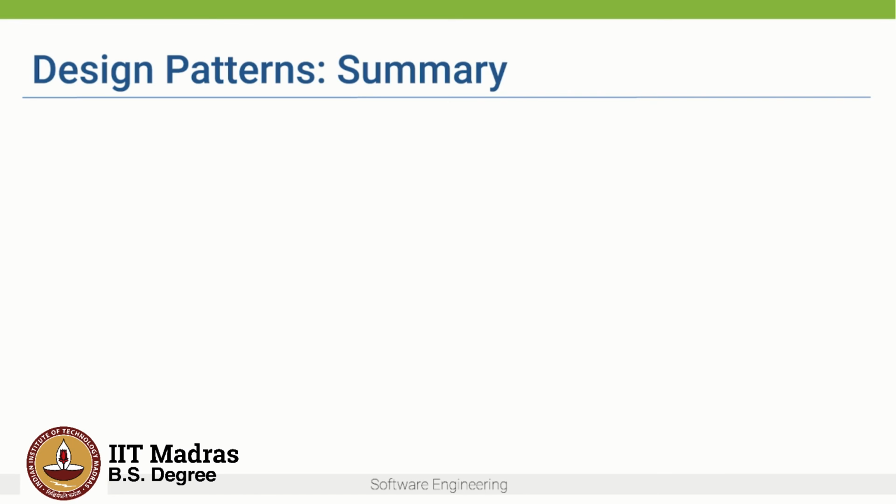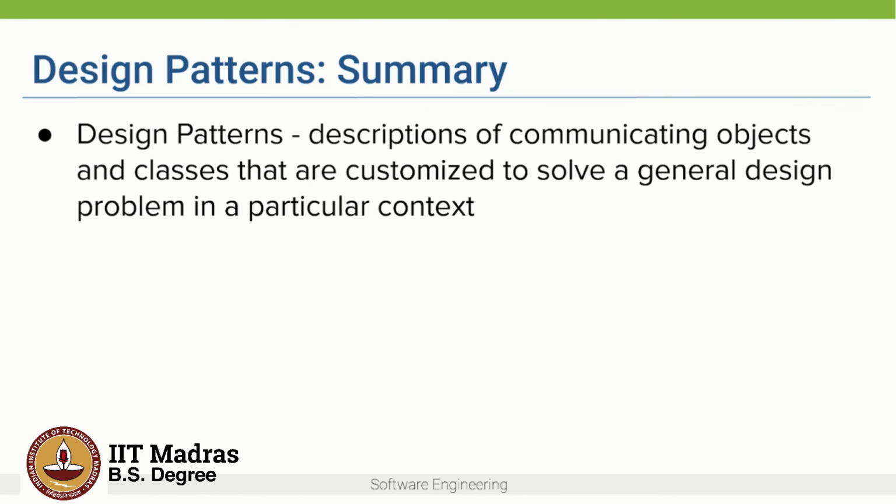So to summarize, we looked at design patterns in the previous few videos. Design patterns are nothing but templates or descriptions of how objects and classes should be arranged, should be organized to solve a general design problem in a particular context.